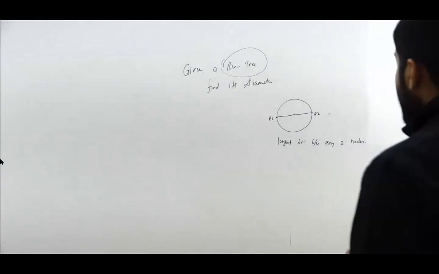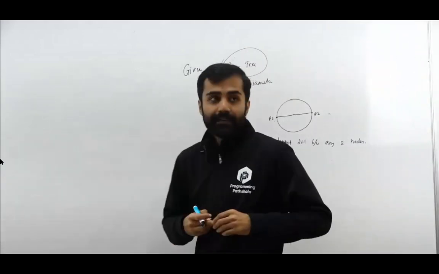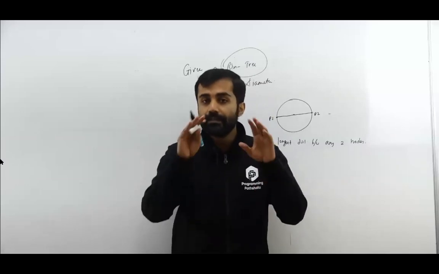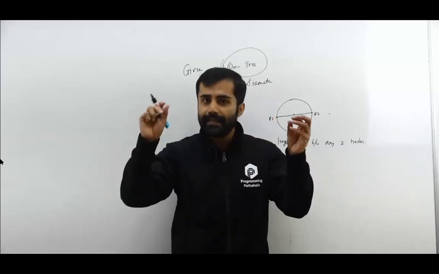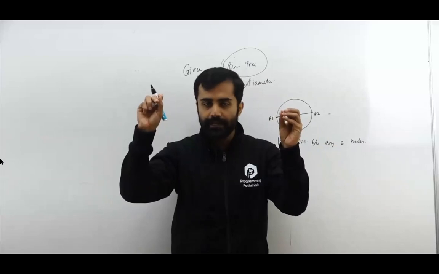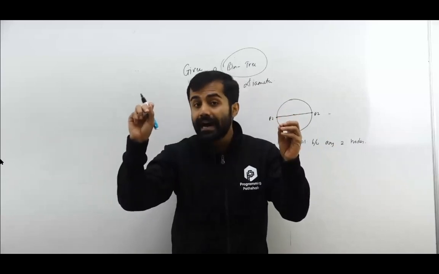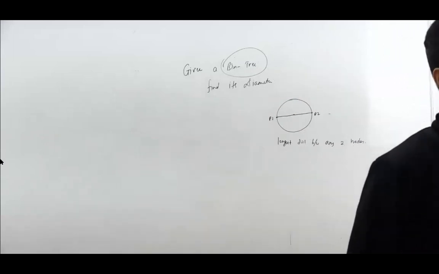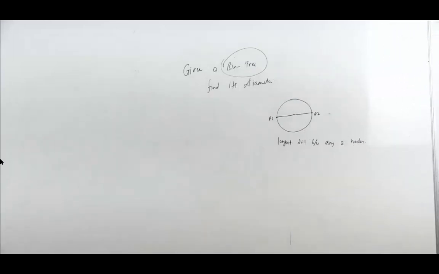Okay. Now, yesterday, I had told you one very important thing. If there is a tree and you select any pair of nodes, N1, N2, then how many paths are there between N1 and N2? One and only one path, correct?